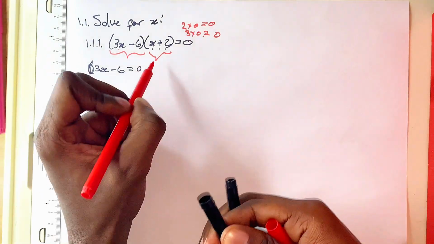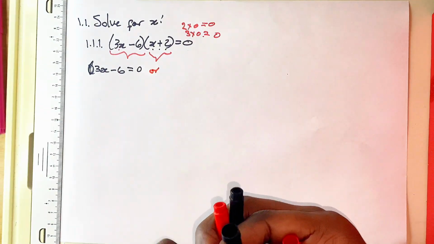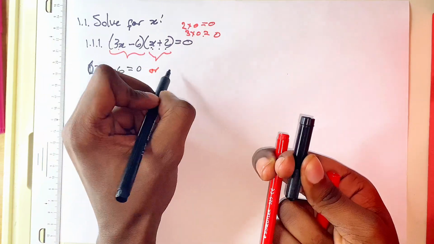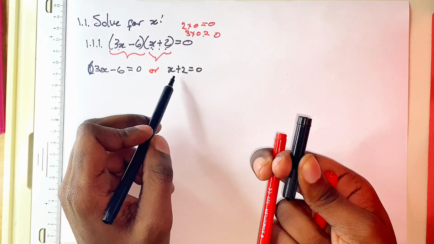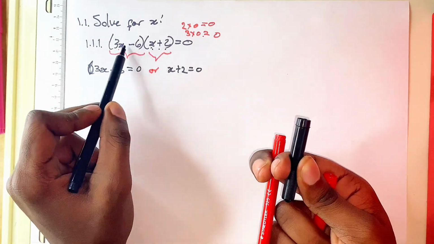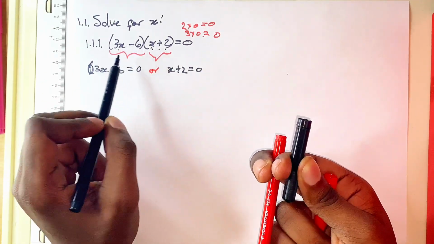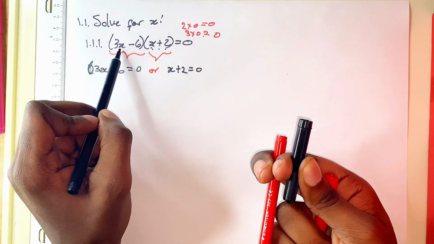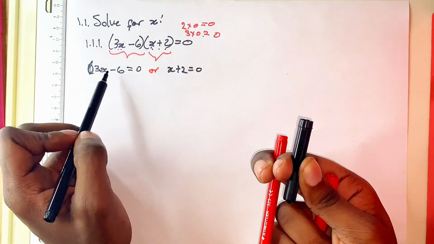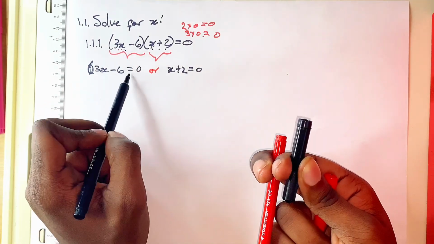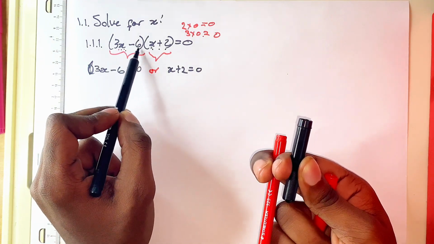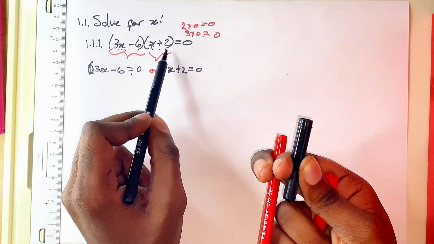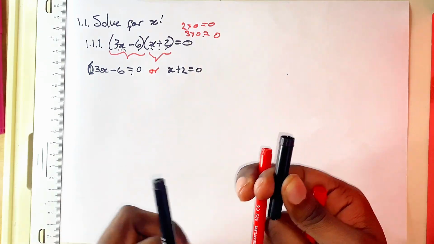Or this second bracket of x plus 2 will be equal to 0. So one of them will be equal to 0, but we don't know which one once we substitute our x. So let's suppose that maybe it's this bracket that is equal to 0, 3x minus 6 equal to 0, or the x plus 2 is equal to 0.